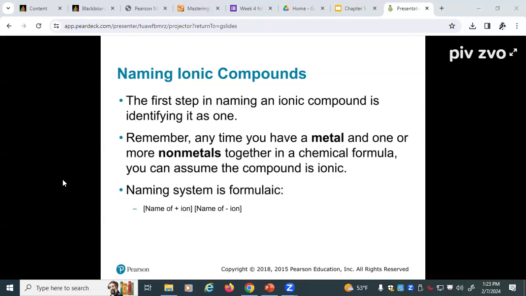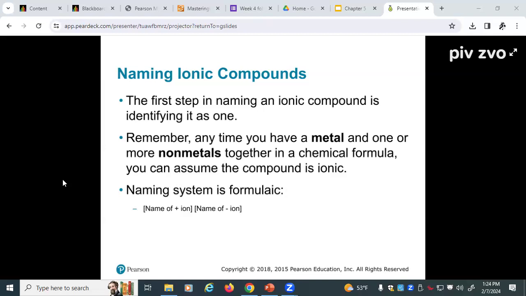Are there polyatomic ions in there that you recognize? Does it have more than 3 elements in it? Another good sign that it's ionic. But the naming process is actually really simple if we get to that point where we identify it.